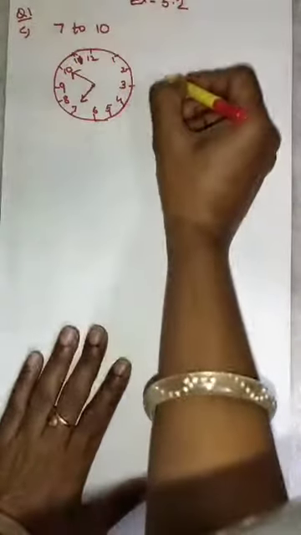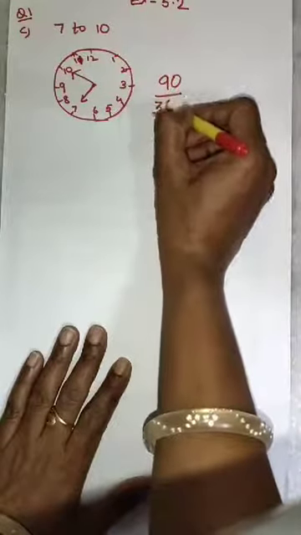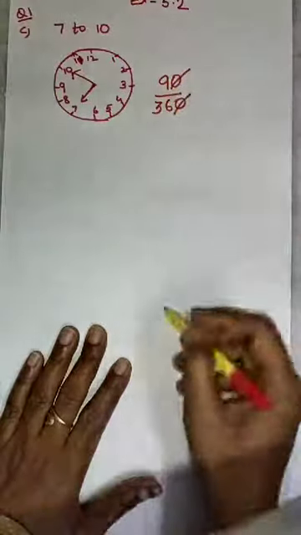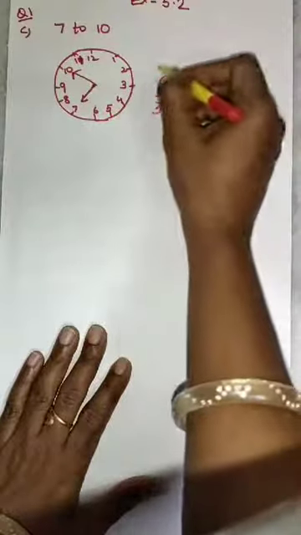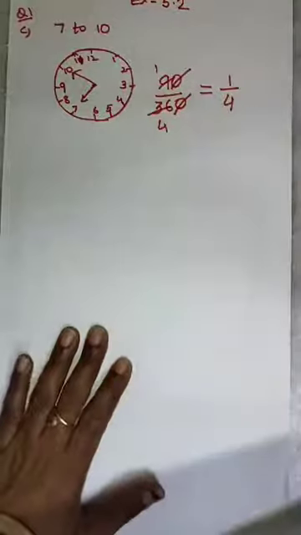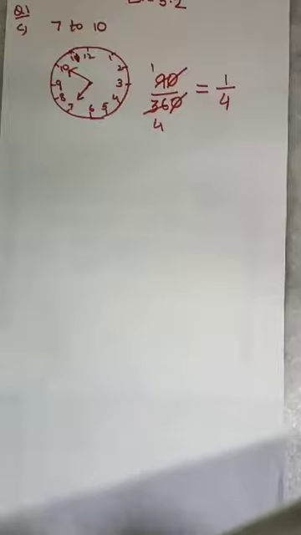Again 3 numbers gap is there. That means it is making 90-degree angle. So again 90 upon total revolution of 360 degree. Let us convert it into fraction. 9 ones are 9. 9 fours are 36. So our fraction is 1 upon 4. So when the clock hand moves from 7 to 10, it covers 1 upon 4 fraction.